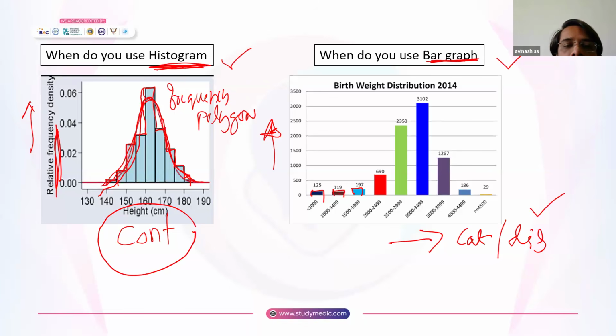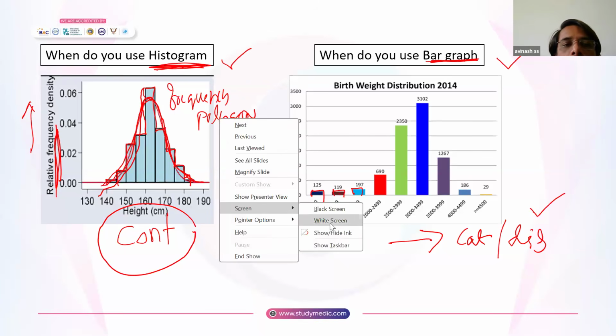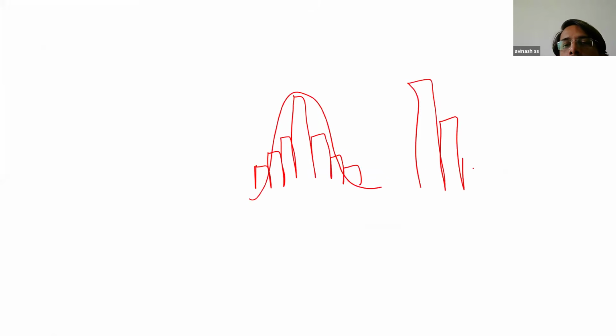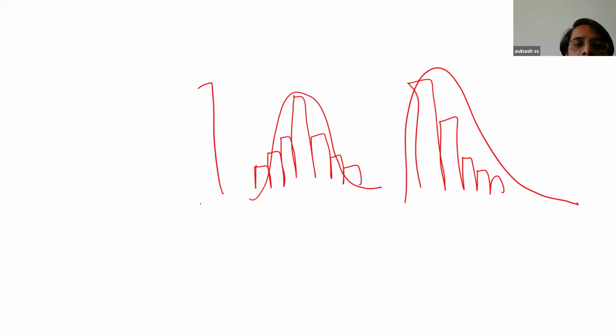Another advantage of the frequency polygon or the histogram is you can find out if the shape of the distribution is symmetric or not. Now, if it is symmetric, it is a normal distribution, or sometimes it may be positively skewed. So this is a positively skewed graph, or sometimes it may be negatively skewed.